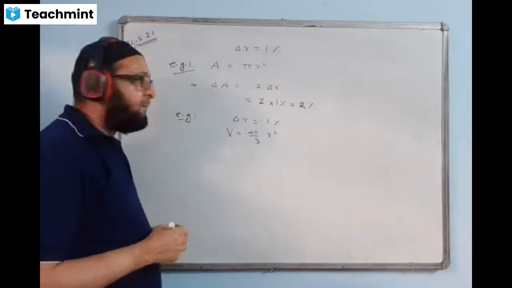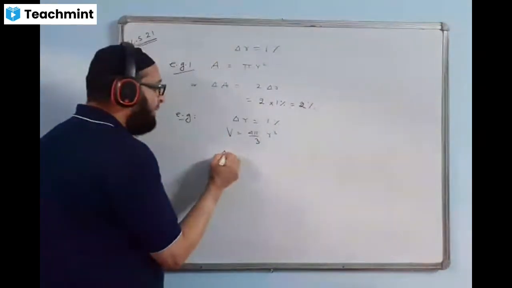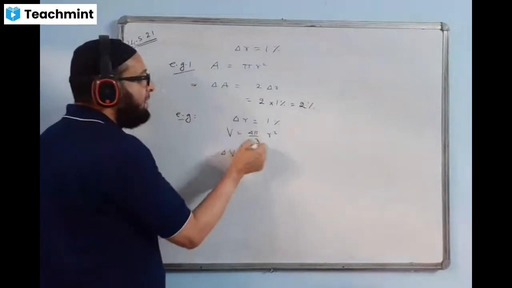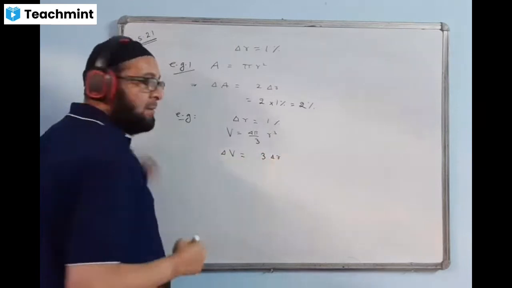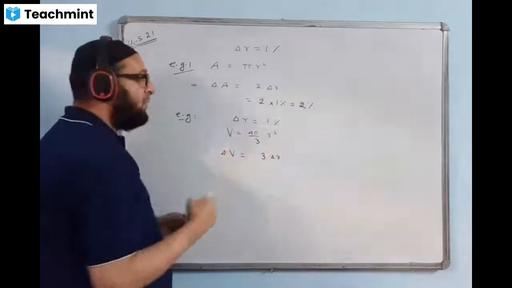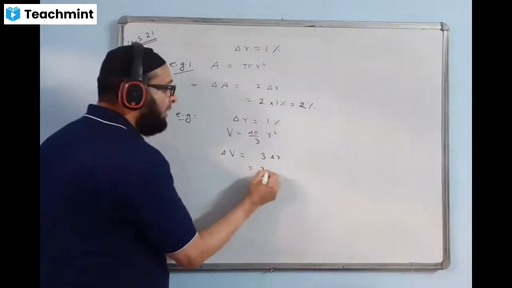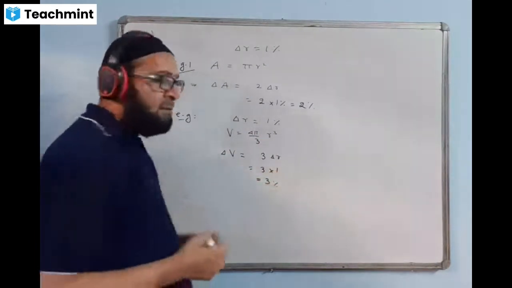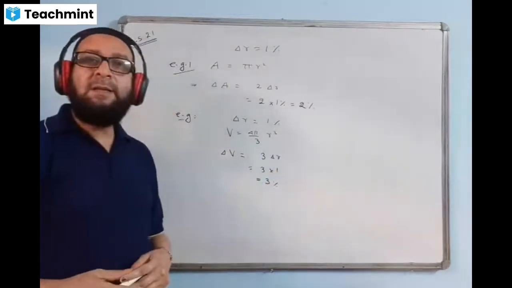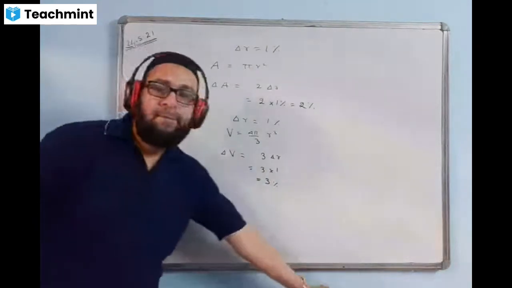Find the error in the volume. 4 pi by 3 is a number, so no error in it. The power will come here, 3 delta r, in the front. Then I put the value: delta r is 1%, so the answer will be 3%. Finished. Take it easy, it is very easy.